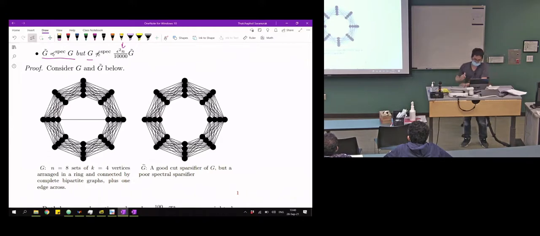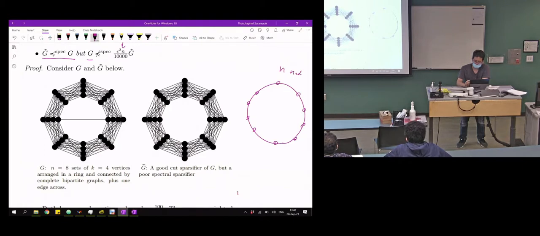This is the example. So imagine that you have this kind of graph where it's basically a cycle. You start with a cycle, and you have n nodes in the cycle.